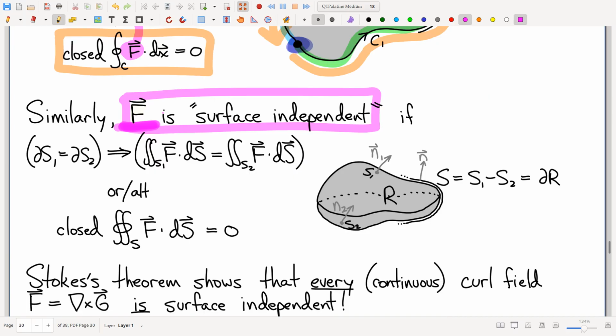And what it says about the vector field is that, in this scenario, we have now a surface and another surface that have the same boundary. Now, let's think about this. These are surfaces, not curves. Their boundaries are curves, not points. So I need these two surfaces to have the same boundary curve.